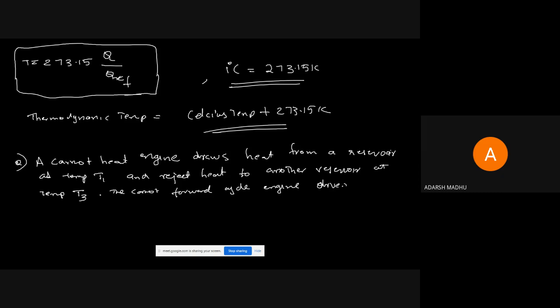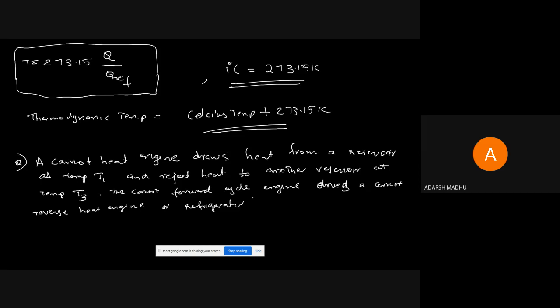It drives a Carnot reverse heat engine, or refrigerator. It can also be called a refrigerator because it is a reversed Carnot engine. A reverse engine can also be called a refrigerator or a heat pump.